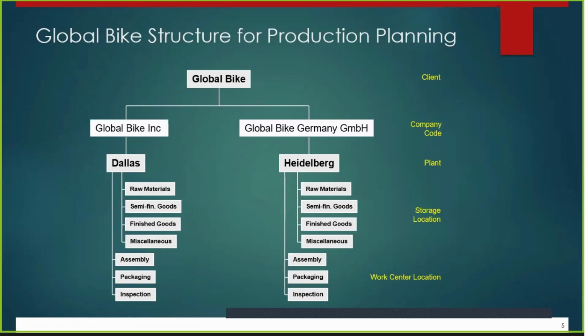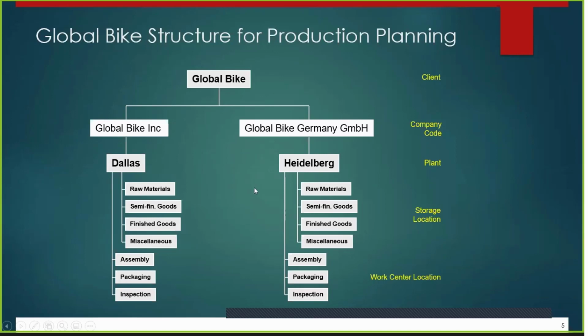Okay, the Global Bike structure. You have the company, Global Bike, and you have two company codes. Okay, Global Bike Inc., which is in USA, and Global Bike Germany. In Global Bike Inc., you have, for example, this plant, Dallas plant.